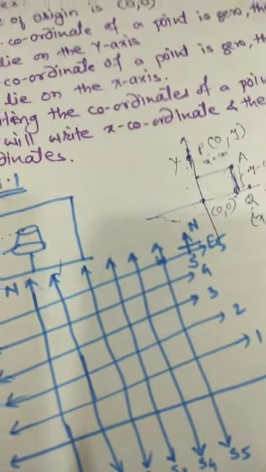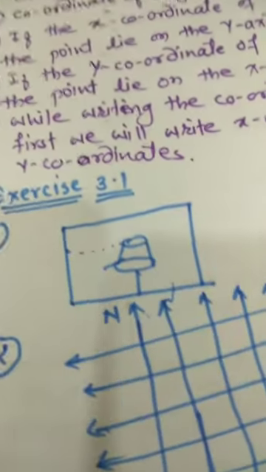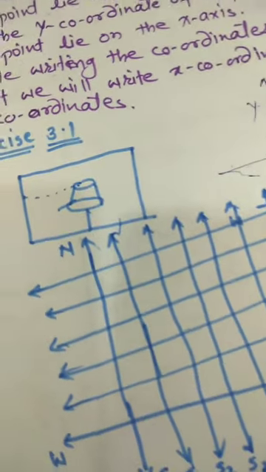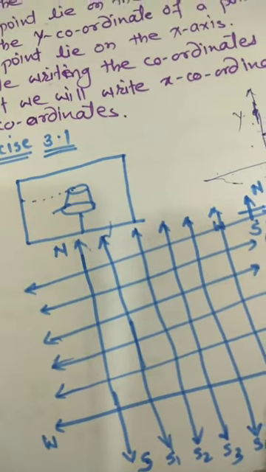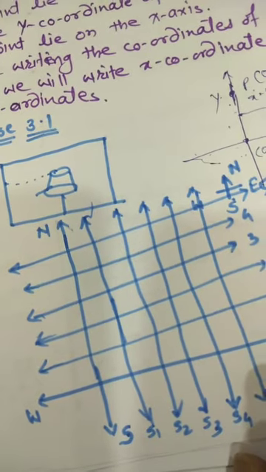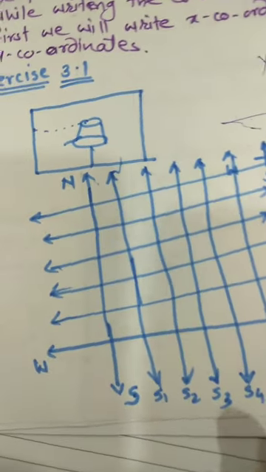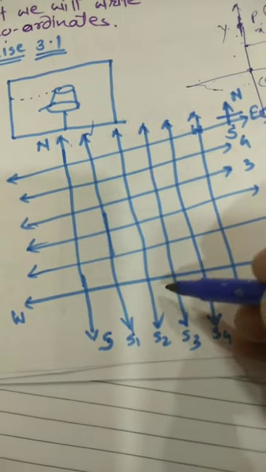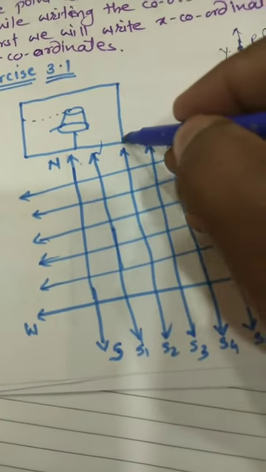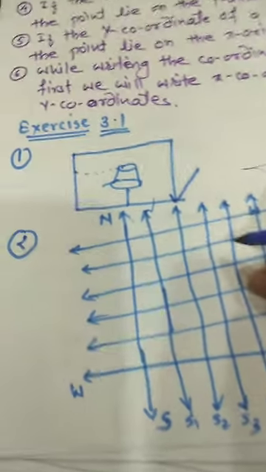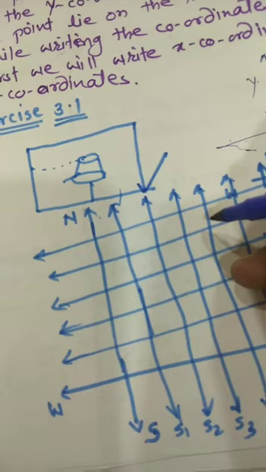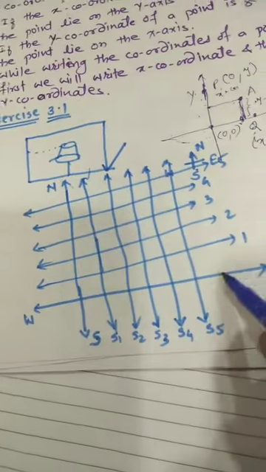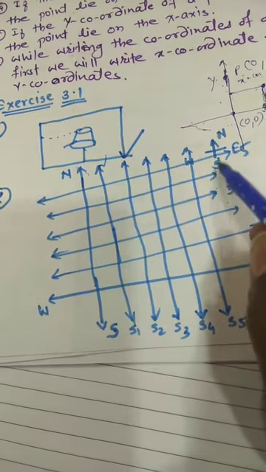So what is given according to that? One street running in the north-south direction and another in the east-west direction. If the second street is running north-south, second street north-south means this. This is the second street, and the fifth street in the east-west direction: 1, 2, 3, 4, 5th.